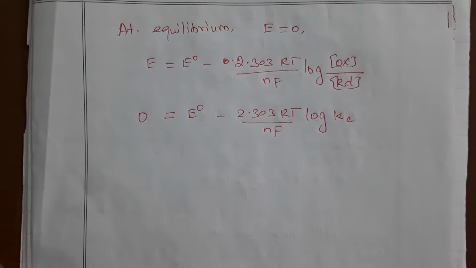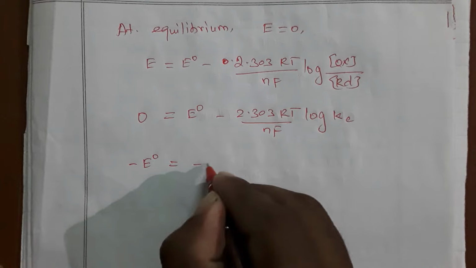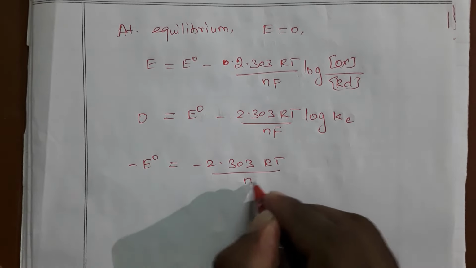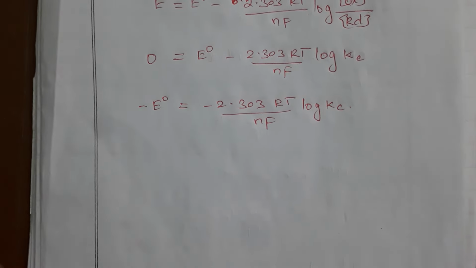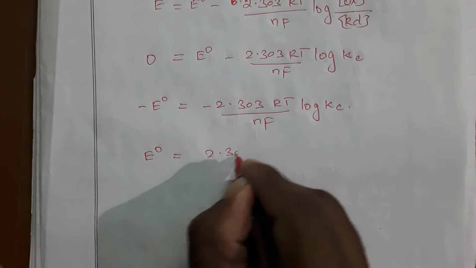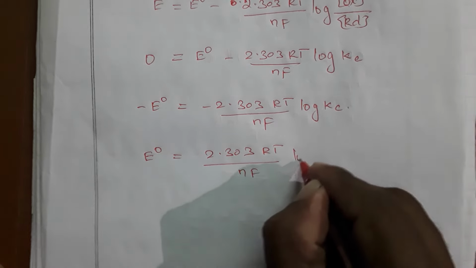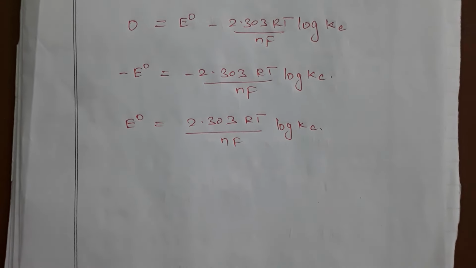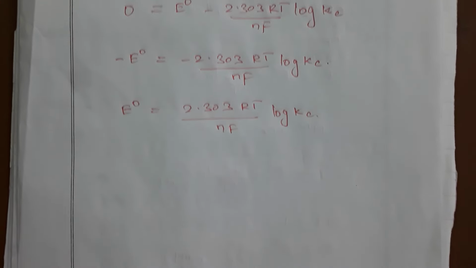This Kc is called the equilibrium constant. Now minus E naught is equal to minus 2.303 RT by nF log of Kc. From that, E naught is equal to 2.303 RT by nF log of Kc. So from the electrode potential we can also calculate the equilibrium constant of that reaction.